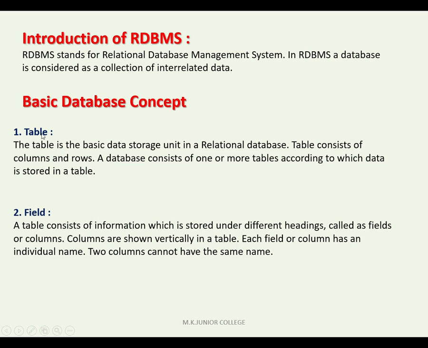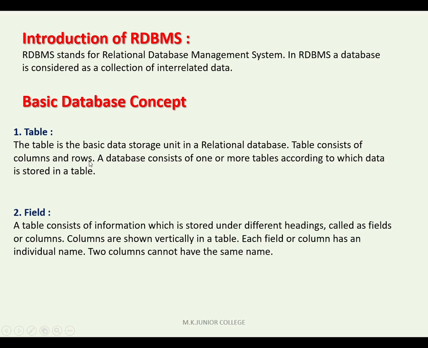First is table. A table is a basic data storage; through that only we can store records in a database. Look at this explanation: the table is a basic data storage unit in a relational database. While creating a database, we can store records with the help of tables only. A table consists of rows and columns.